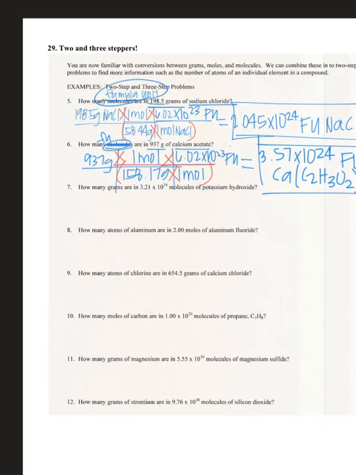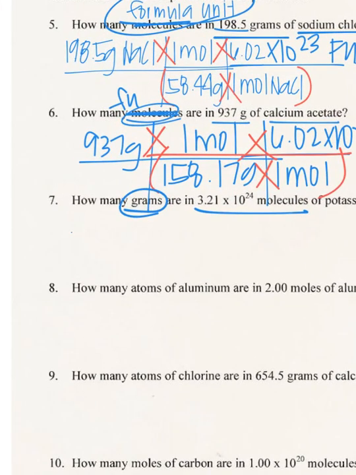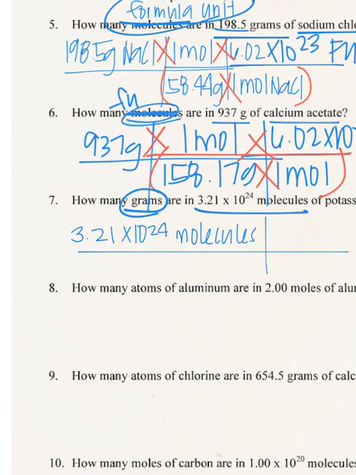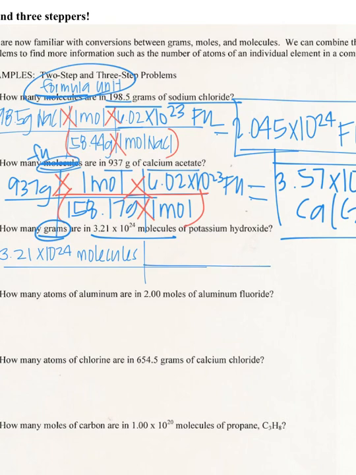Okay, how many grams are in 3.21 times 10 to the 24th molecules of potassium hydroxide? Okay, so start with what they gave you. 3.21 times 10 to the 24th molecules. That's a long one. 6.02 times 10 to the 23rd molecules in 1 mole.